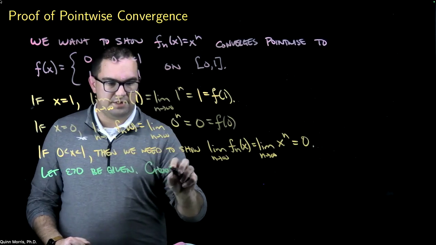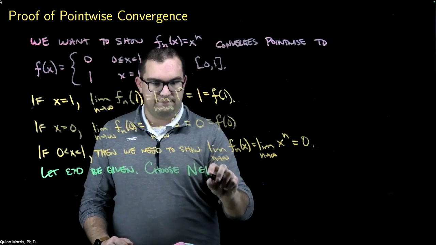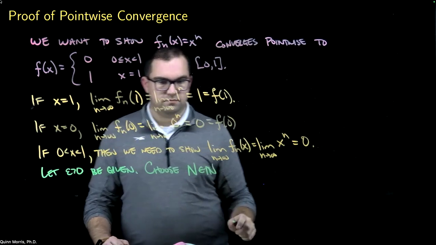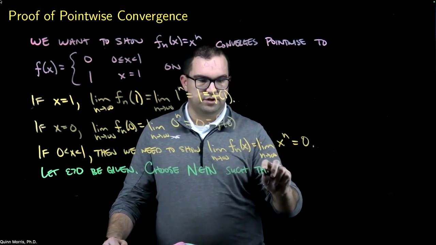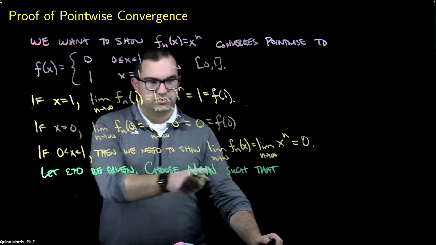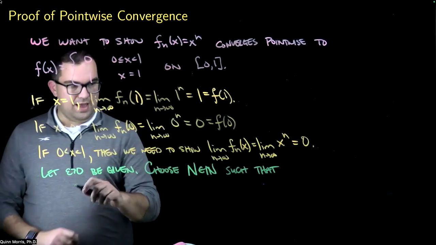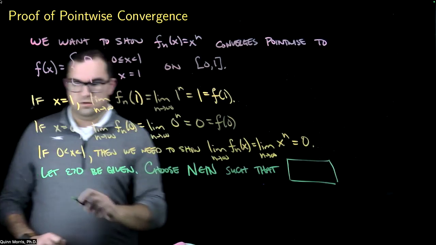Now I need to choose a natural number, capital N. I need to give some description of how I'm going to do that, so I'm going to leave a little space here to describe it.